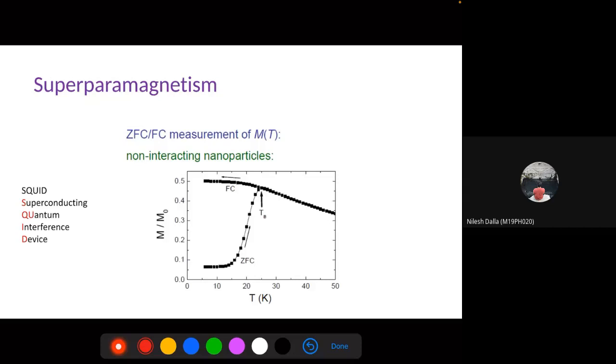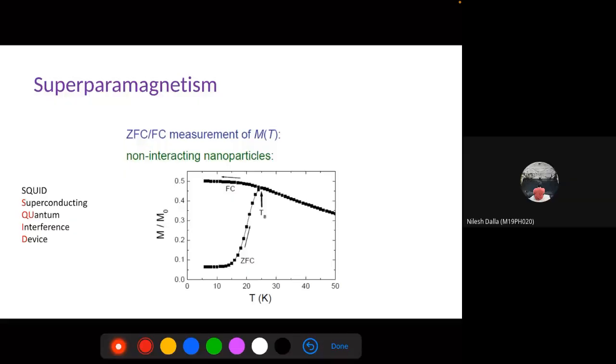But if I do another measurement with a different magnetometer, or there are different ways to measure the magnetic moments, I can do an NMR technique, or I can do neutron diffraction, I can also measure the magnetic moment. If I take another experiment altogether, the blocking temperature can also be different. And why?